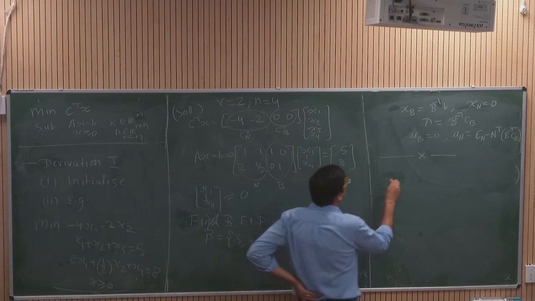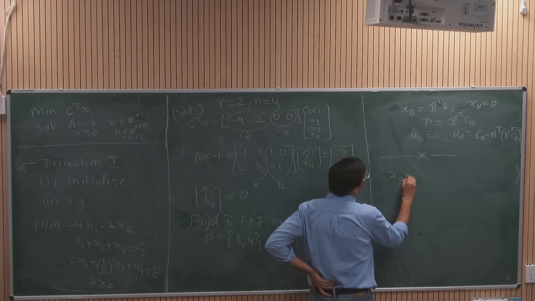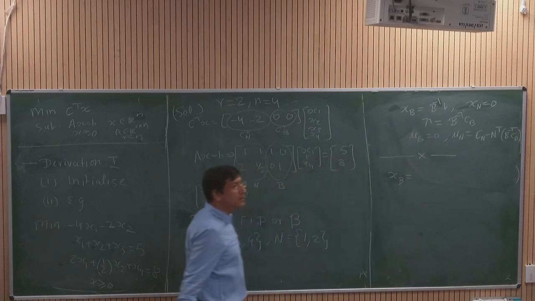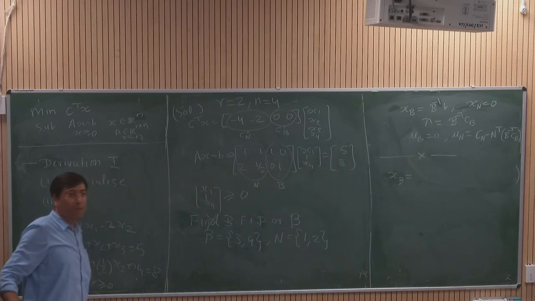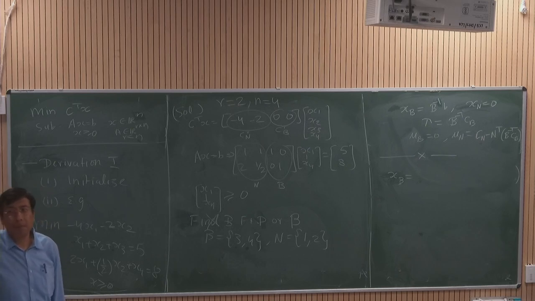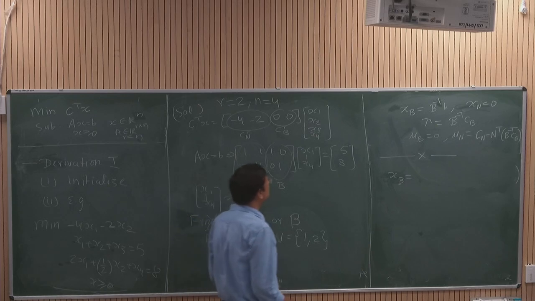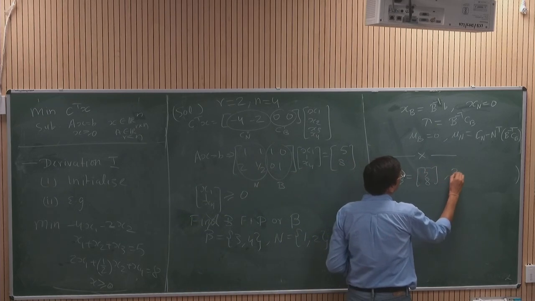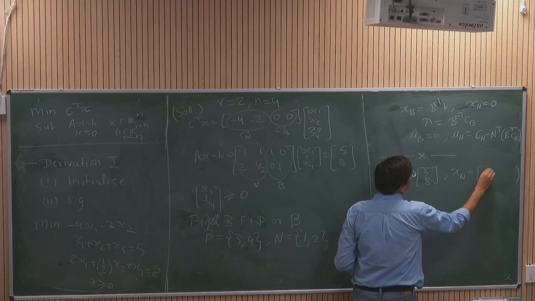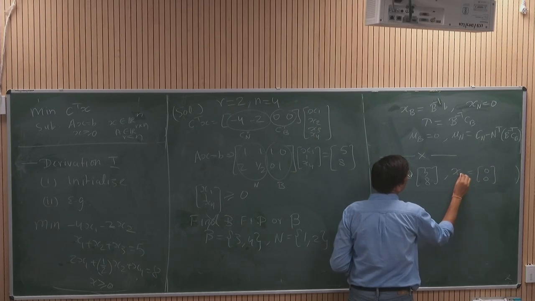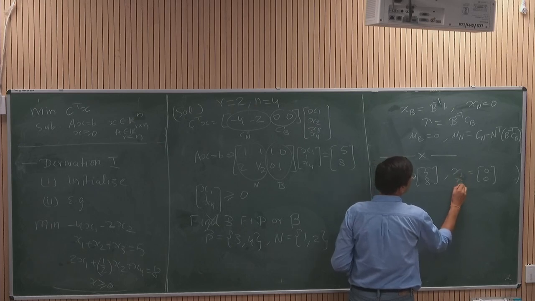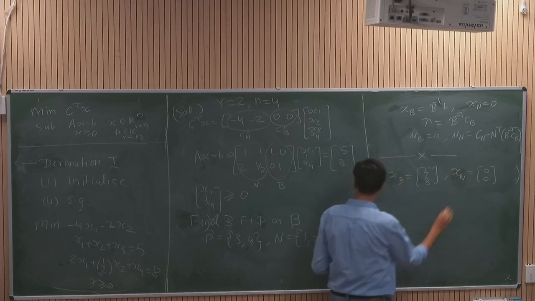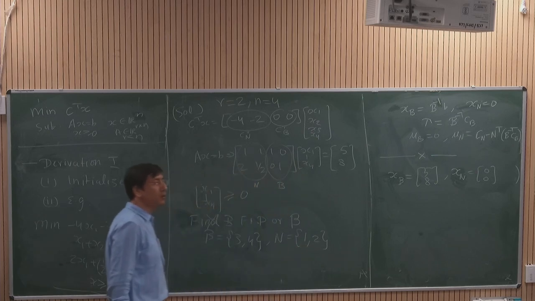So now, what is XB? B inverse is? What is B? The identity matrix. B inverse is the identity matrix, which means it will just be b: 5, 8. What is XN? 0, 0. If you want to remember, this could be x1 and x2. N is given to be 1, 2, B is given to be 3, 4.